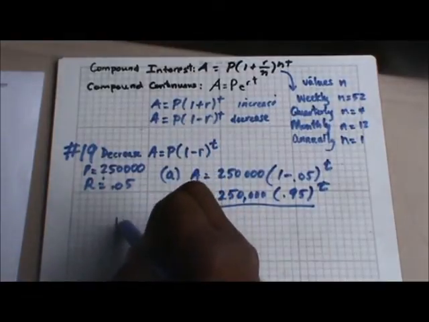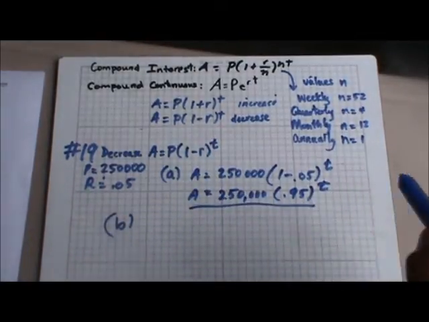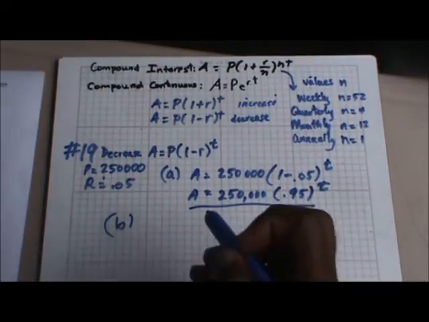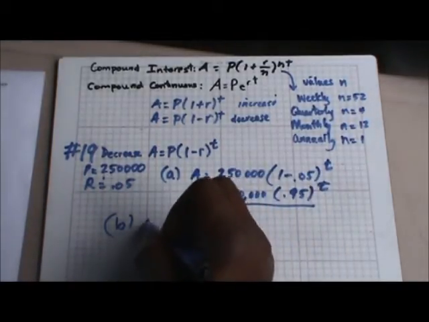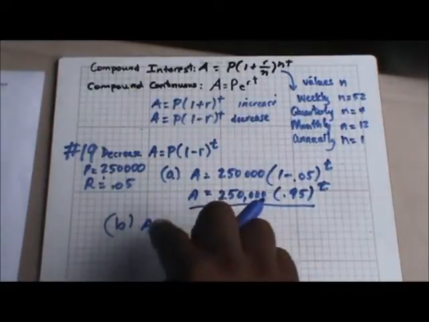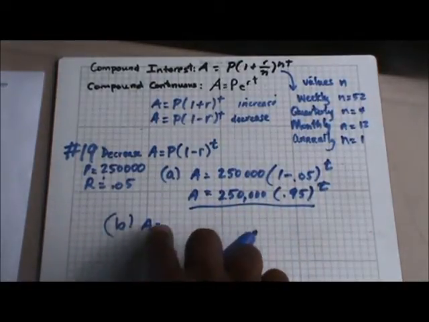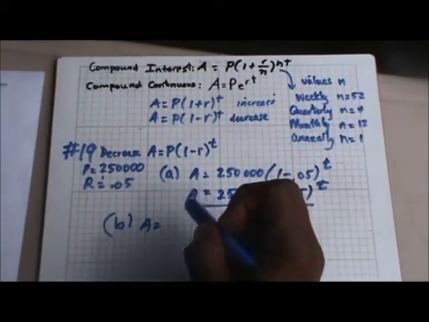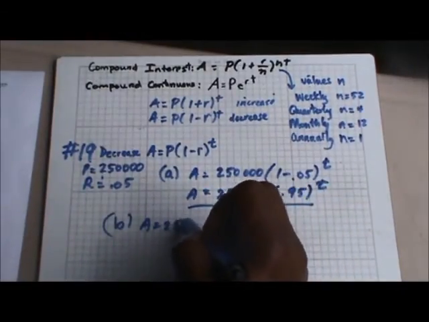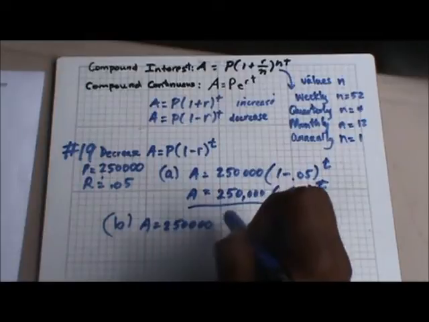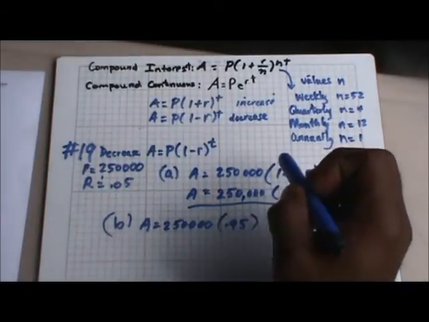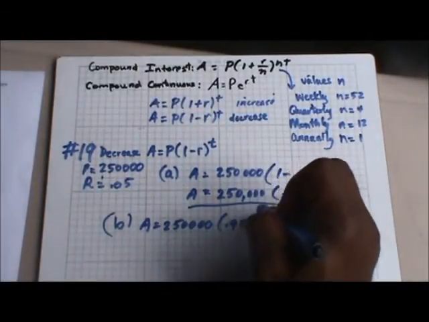Question B. What is the expected population of the town in 10 years? Some people use P for population, but we were already using P, so the variable doesn't matter too much. 250,000 times 0.95, and the time is 10 years.